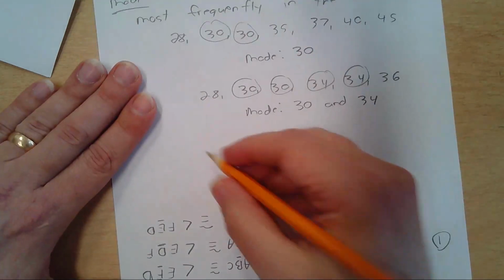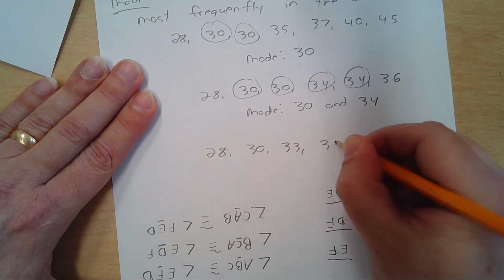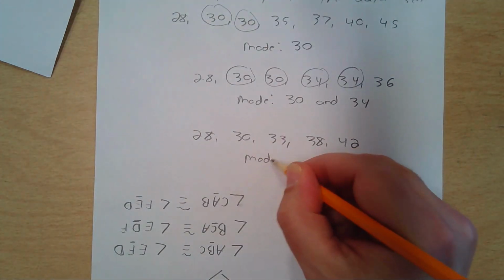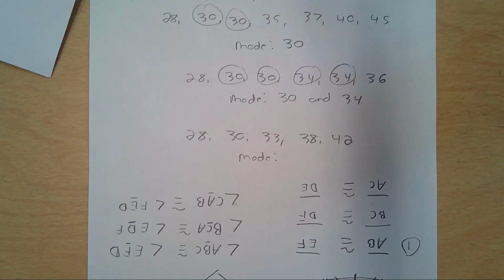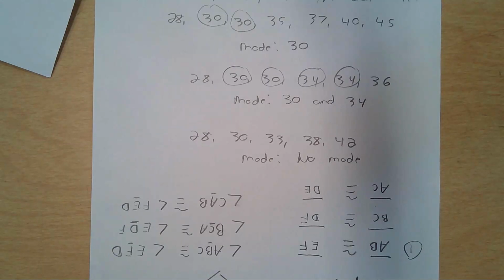One more example here. 28, 30, 33, 38, 42. In this case, if I said what's the mode, there's no mode. No value appears any more frequently. They all appear once. Therefore, there's no mode in this example.